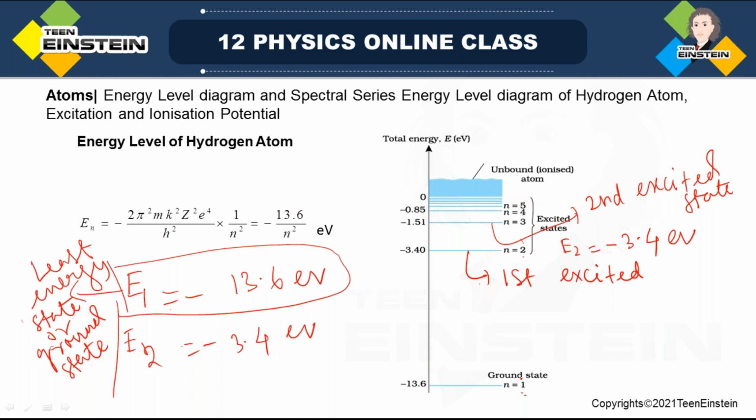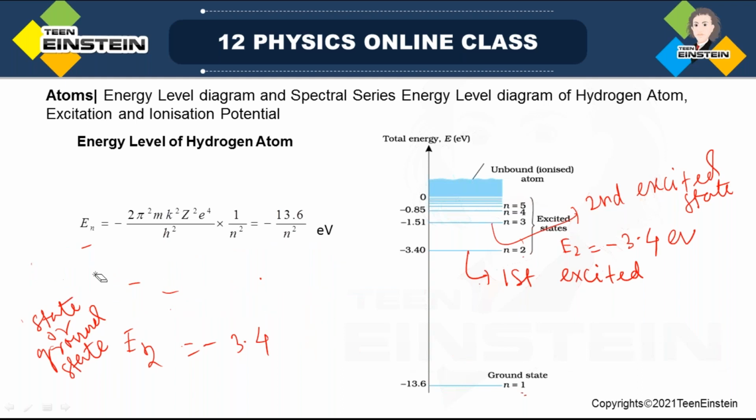But one thing you have to remember is that in general the electron will try to be in the ground state, its normal thermal equilibrium state. It will try to be in the E1 level, having energy minus 13.6.